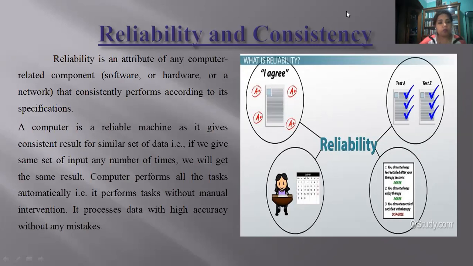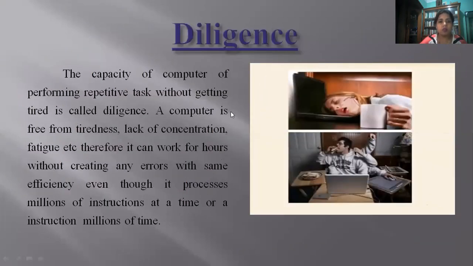Now the next one is diligence. From morning till evening, the computer works with the same efficiency and same speed. That's why computer is known as a diligent machine. Computer never gets tired.